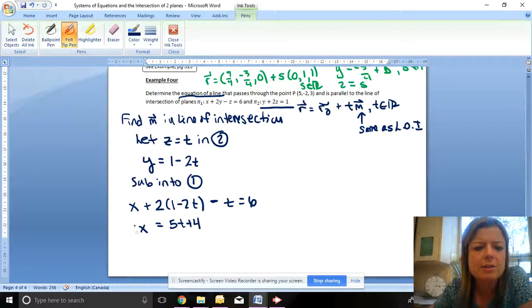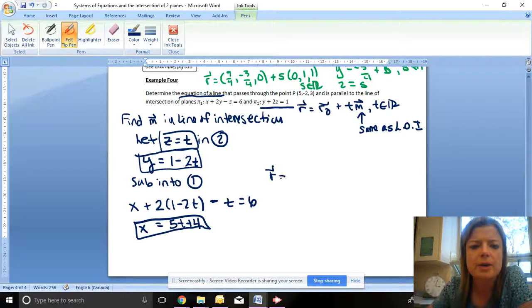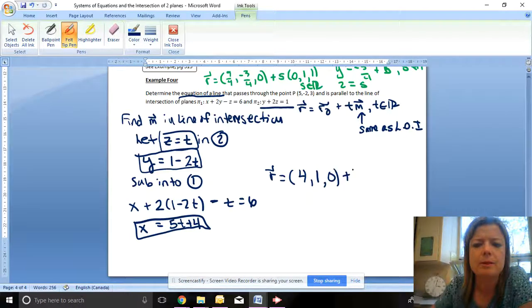So therefore, these are the parametric equations: there's one parametric equation, there's the other, and the third. So the vector equation is the x coordinate from here, which is 4, the y coordinate, so 1, and here it's 0, plus t. Now the direction vector in x is 5, in y it's -2, and in z it's 1.